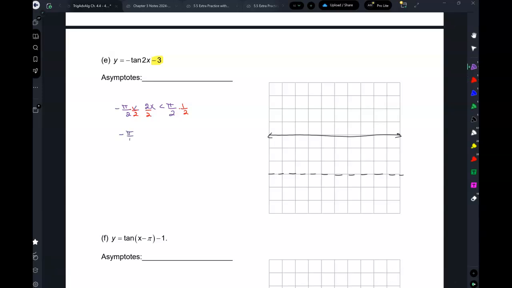So negative pi over 4, x, pi over 4. Negative pi over 4, pi over 4. Okay, asymptote. Asymptote. 0 is going to go in the middle, right? That's where the y-axis goes.